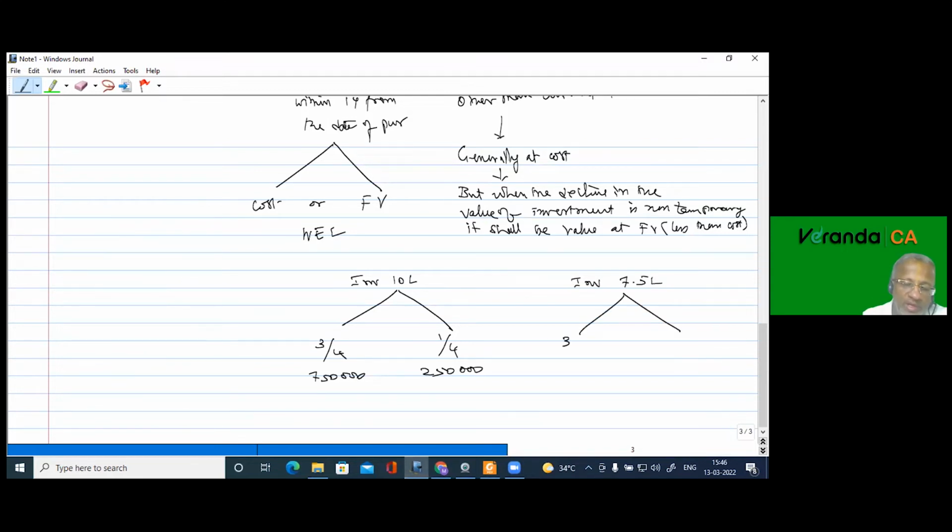So 3/4 of that 7,50,000 comes to a fair value of 5,62,500, and 1/4 is 187,500. Correct. This is question number 2.